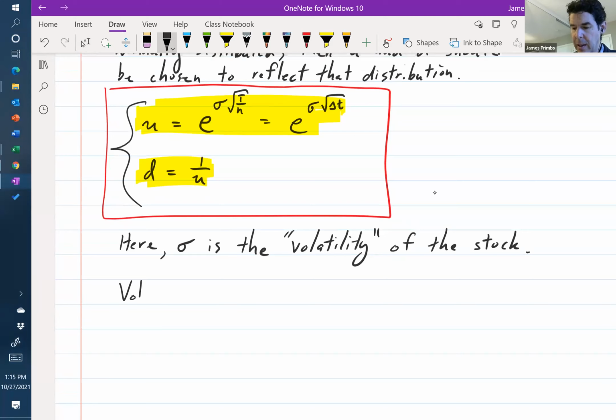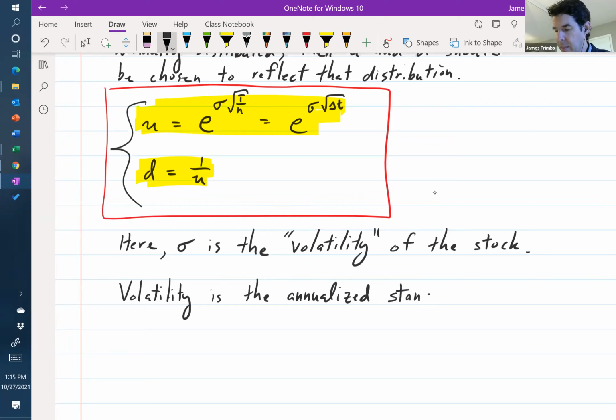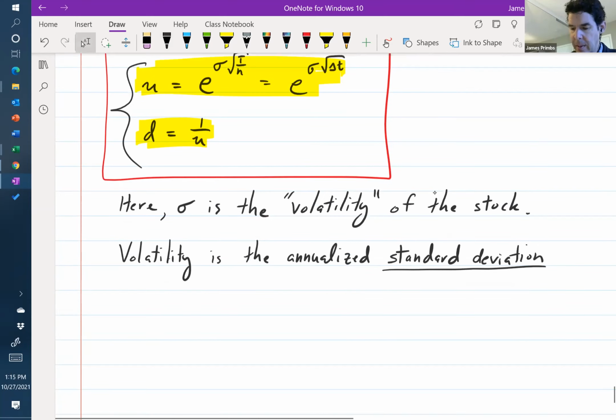So volatility is the annualized standard deviation. And that's why we use sigma. The annualized standard deviation of the stock return.